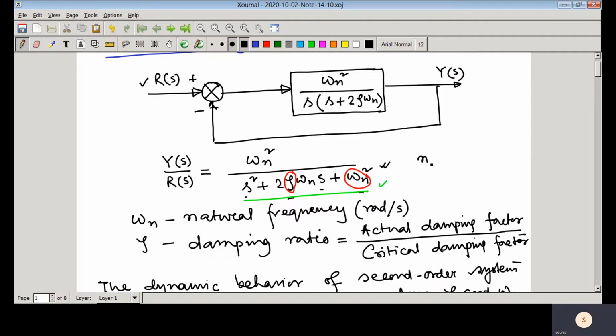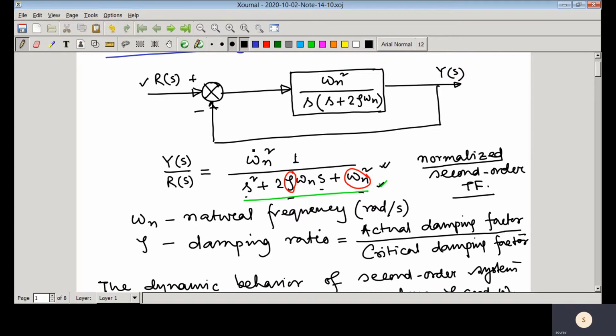So that's why this particular form is called that normalized second order transfer function. So I hope you understand why it is called normalized, because if I write that 1 by omega n square in this term, then steady state value would be 1 by omega n square.